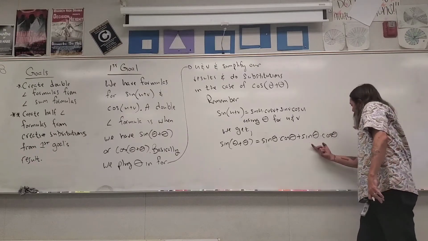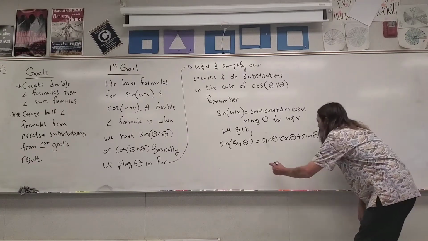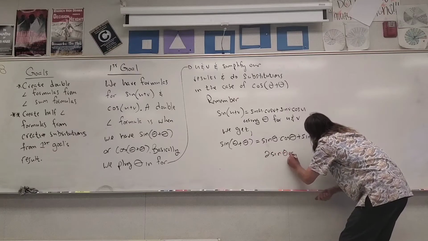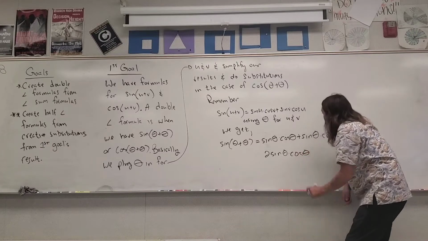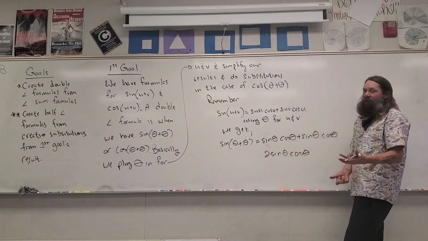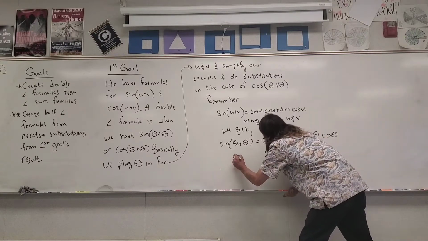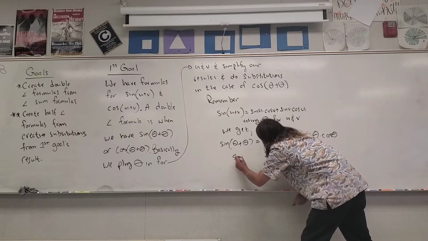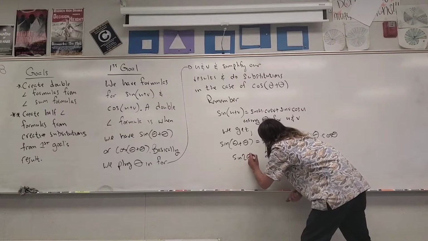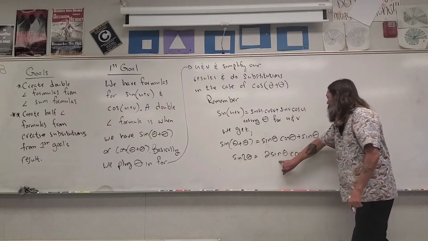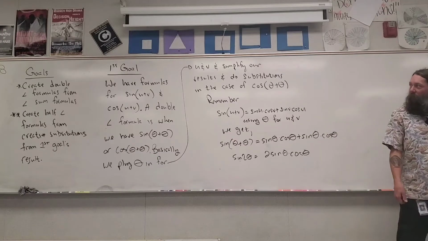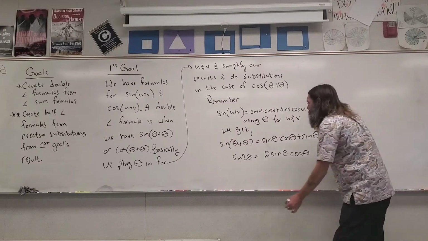I have two of these. So what that means is we get 2 sine of theta times cosine of theta. And I can simplify this, and we get sine of 2 theta is equal to 2 sine of theta times cosine of theta. So this is an example of the double angle formula for sine.